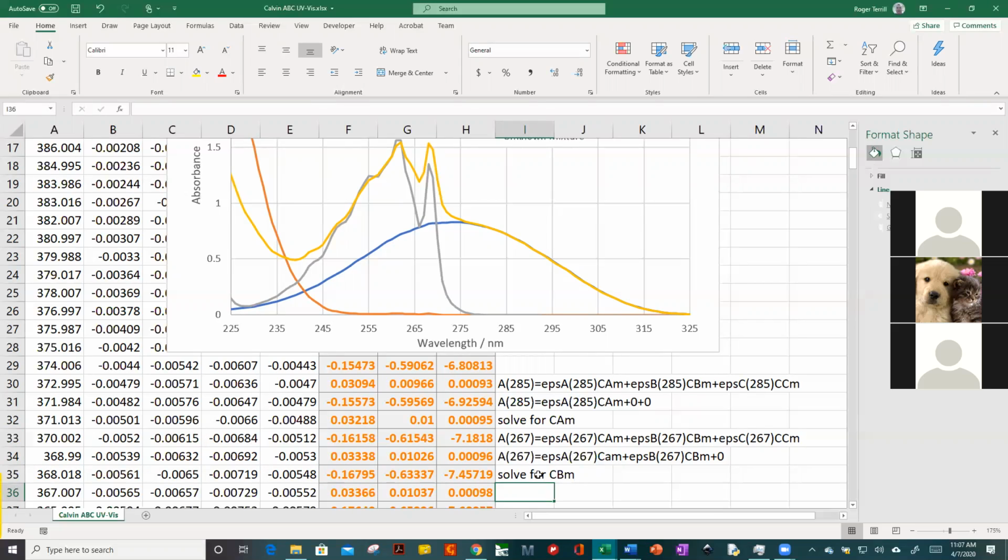And then lastly, we have to put in a value, say at 235 or something like that, or 220, or 230 rather.